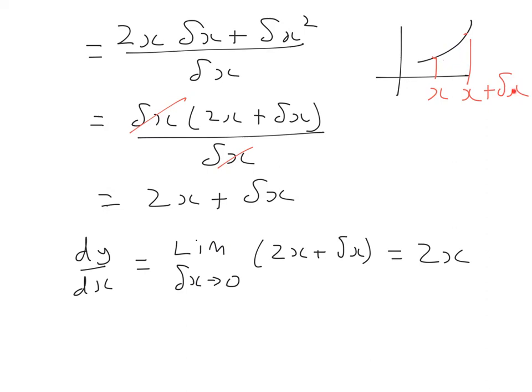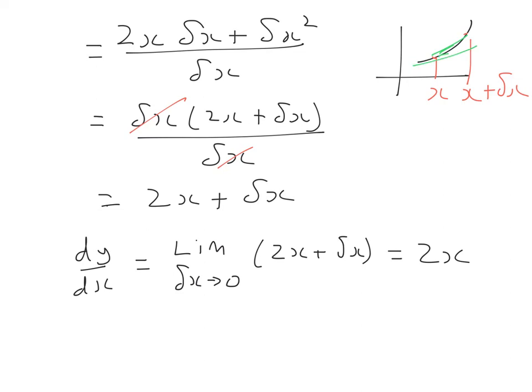In other words, we want delta x to be small, 0 in fact, because the gradient of all those chords will approach the gradient of the tangent as delta x tends to 0. So if delta x tends to 0, then the gradient of these lines will become the tangent.